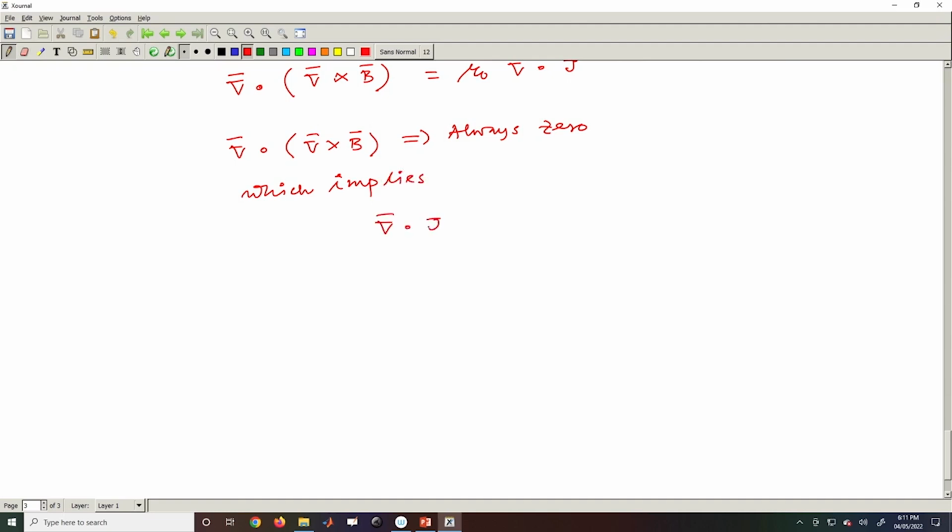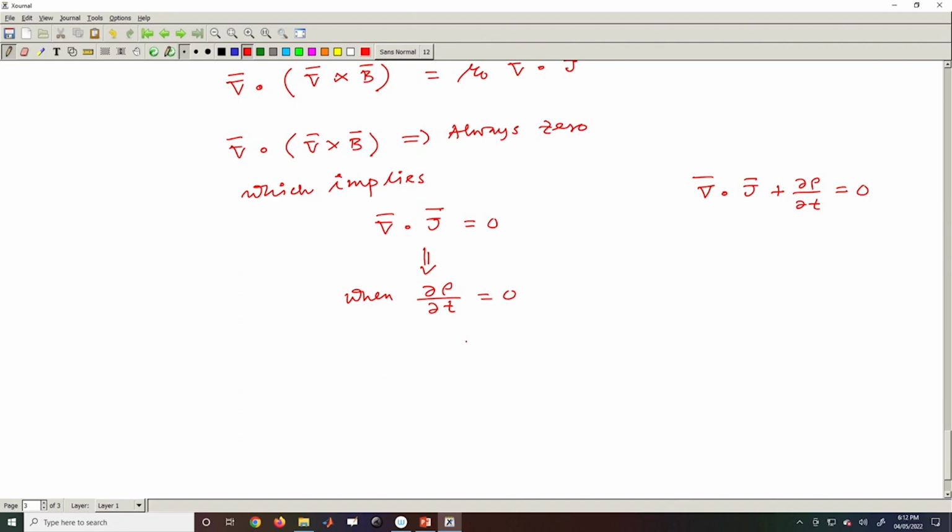But this is not always 0, because we know from the continuity equation that this is not 0, rather it is minus del rho del t. So, under which condition is this 0? When del rho del t is 0, that is the condition.